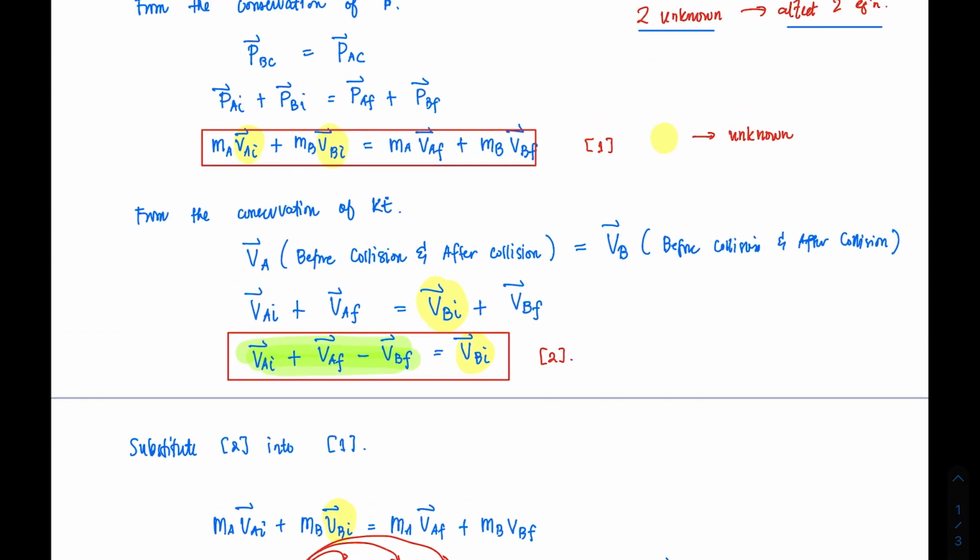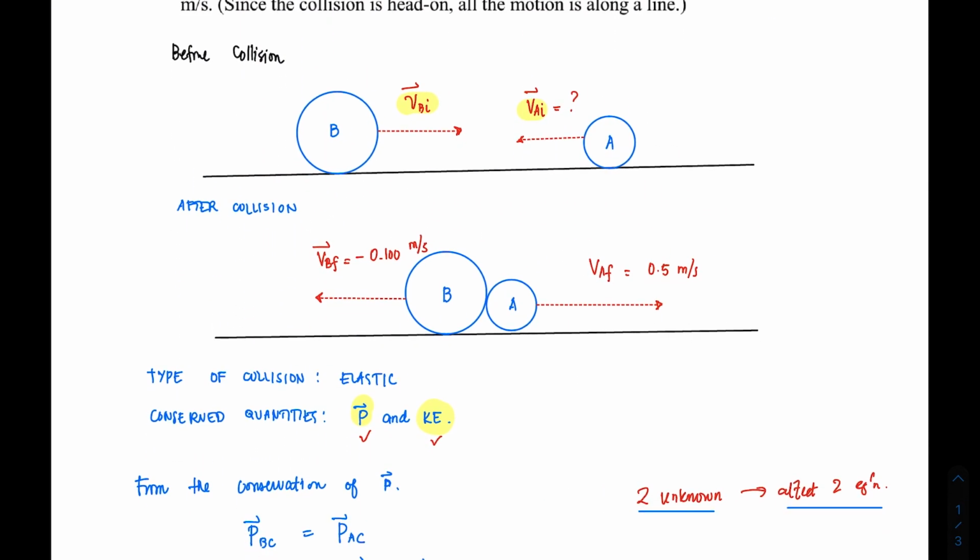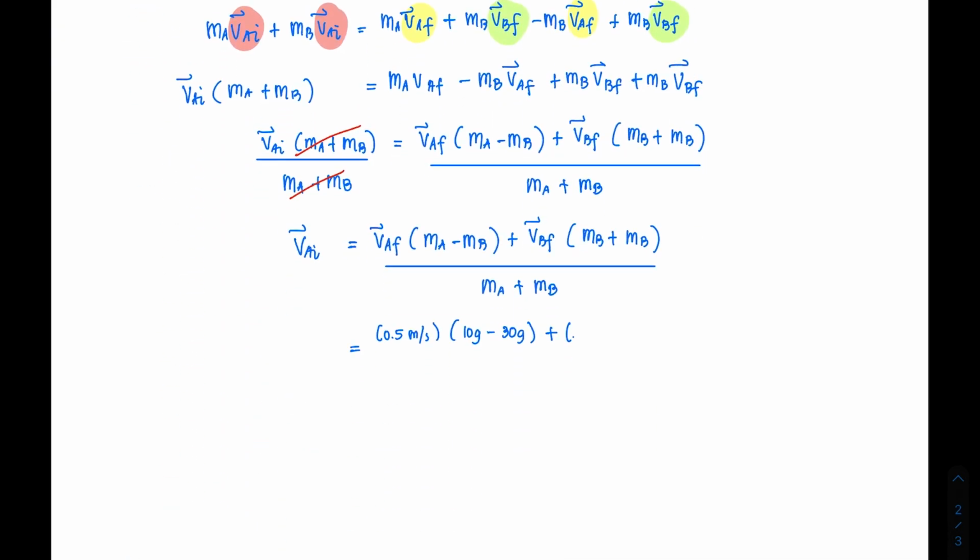If you notice in the problem again, VBF is given that it is going to the left, so that should be negative 0.100 meters per second. So MB plus MB, that is just 30 grams plus 30 grams. And everything is divided by the sum of the masses, that means 10 grams plus 30 grams.